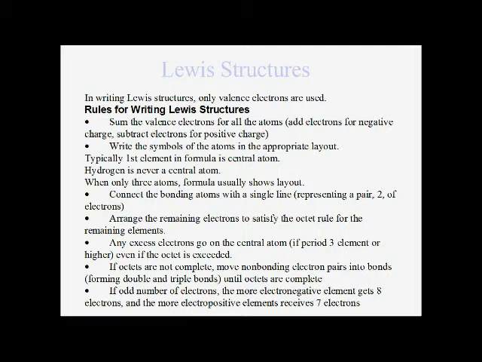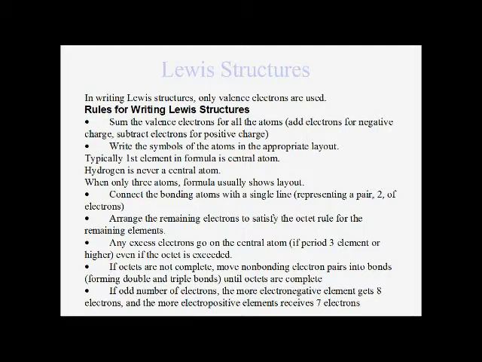If we have excess electrons, we've completed the octet on everything, but we still have 1 or 2 pairs of electrons left, this should only occur if we have a period 3 element or higher as the central atom. We're going to put those excess electrons on the central atom, allowing that atom to exceed the octet.